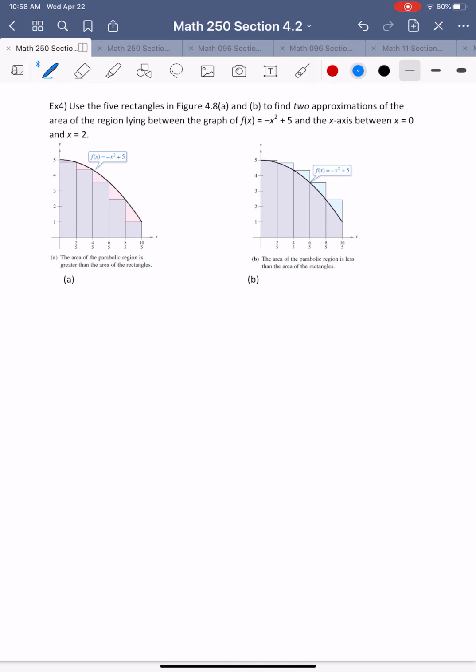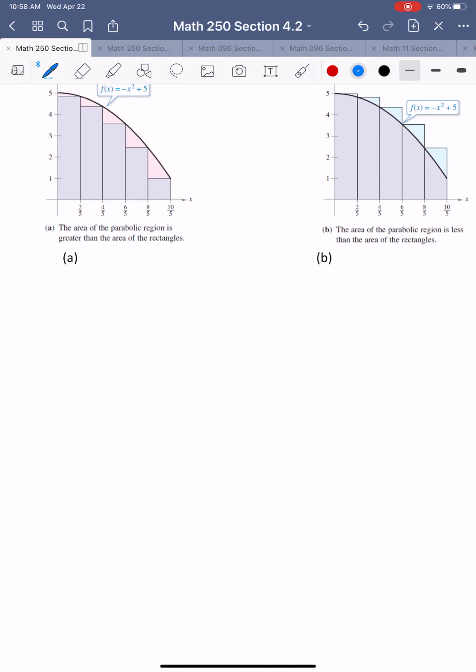Let's see here. For part A, this time we are using the right endpoints to get the rectangles. The right endpoints actually give us the height.